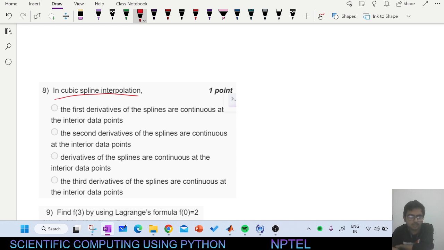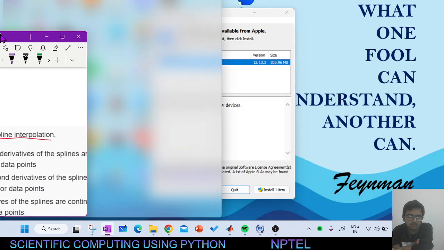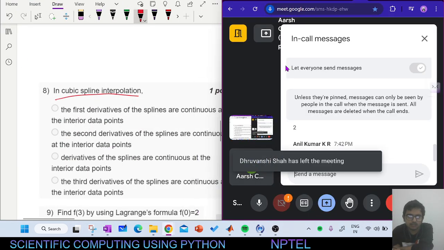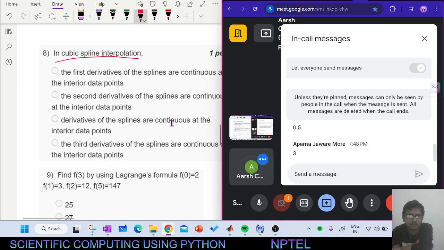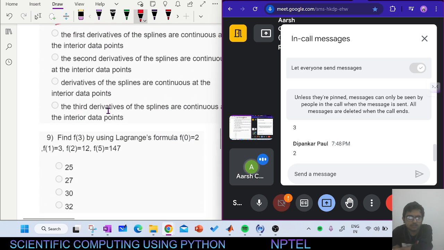Which one is correct? Let's see what Janta says.